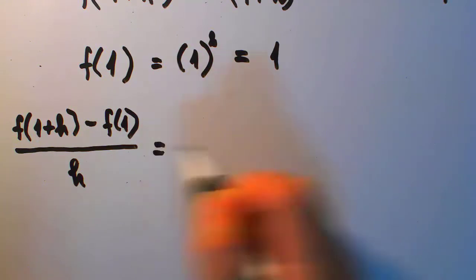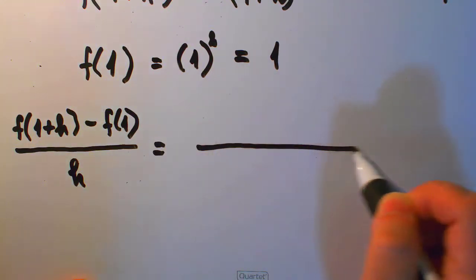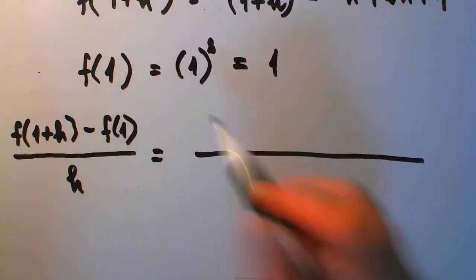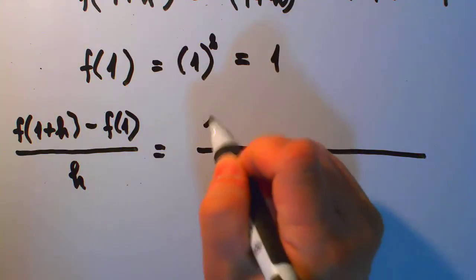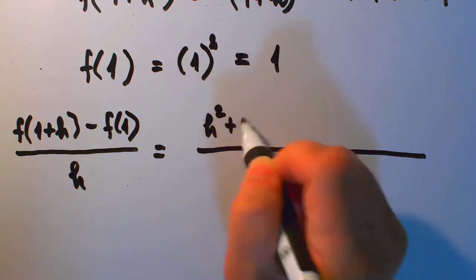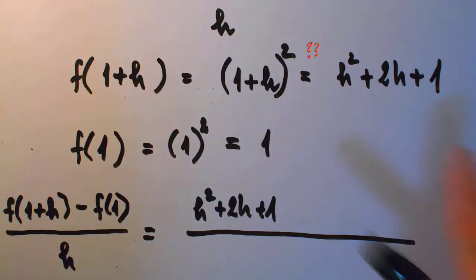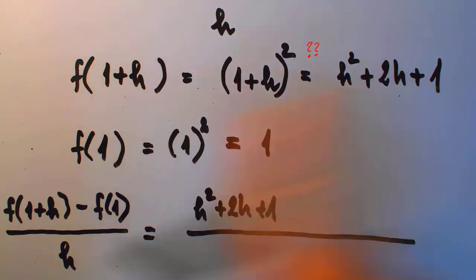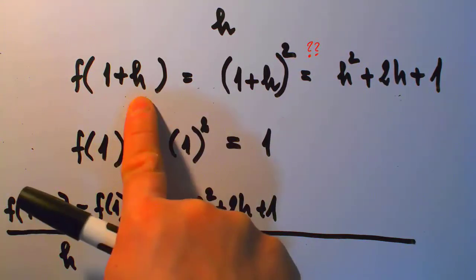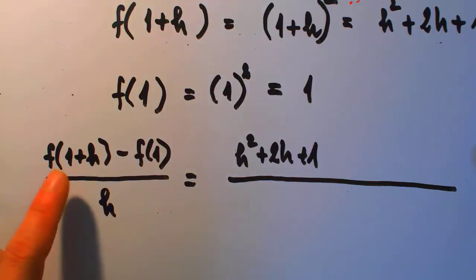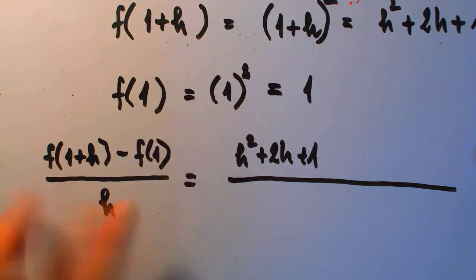So I am going to substitute the h squared plus 2h plus 1 that we found previously for evaluating f at 1 plus h, in place of my f of 1 plus h in this setup.